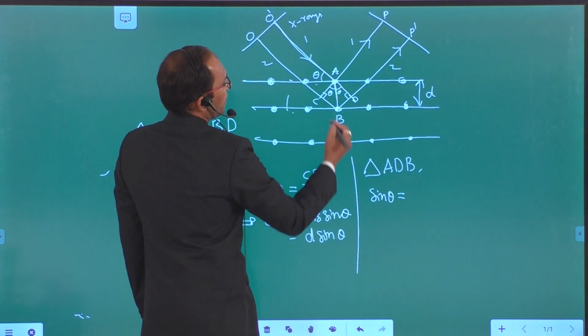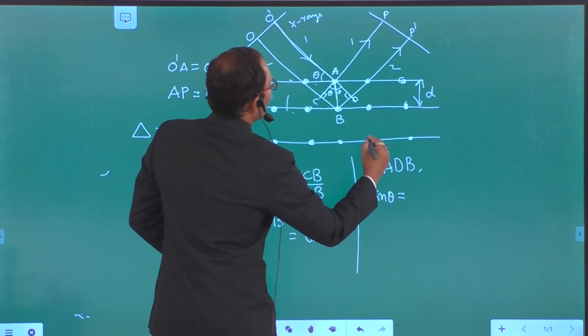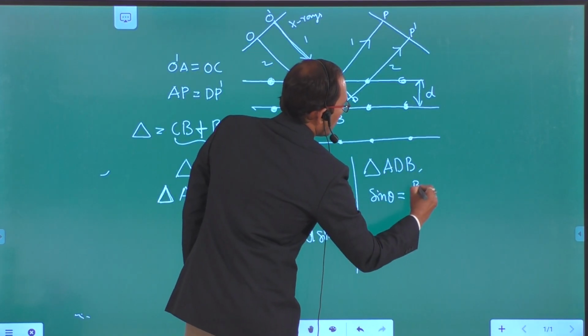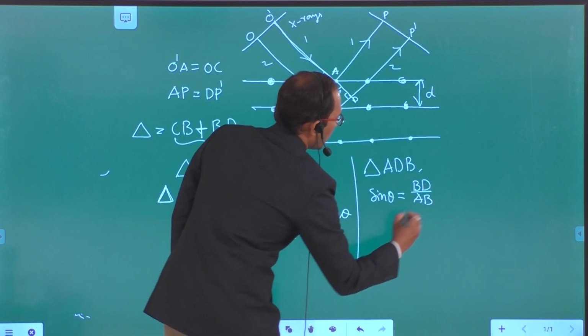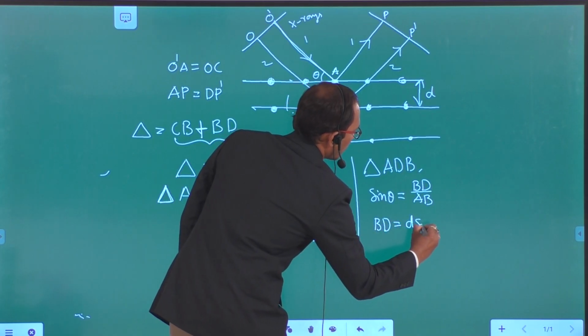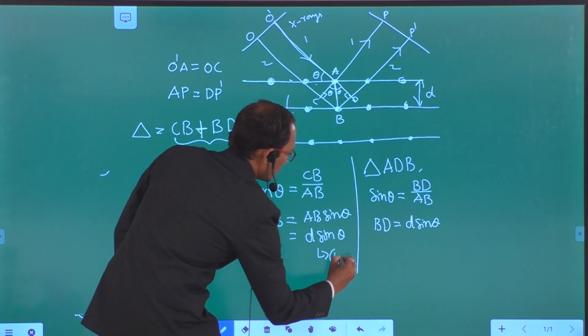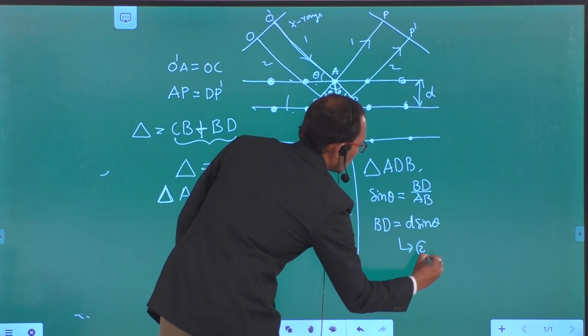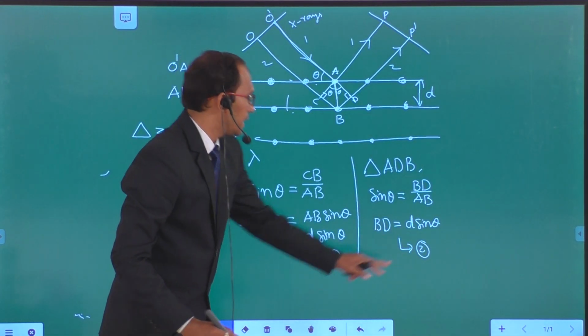Sin theta is equal to BD by AB, so again BD is equal to AB sin theta, that is d sin theta. So this is 1 and this is 2. From 1 and 2, CB is equal to d sin theta and BD is equal to d sin theta.